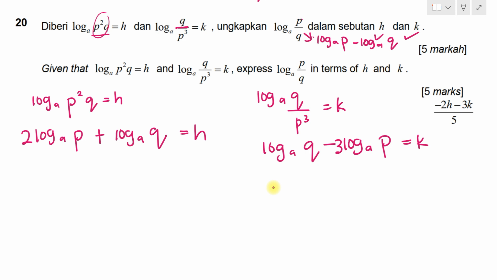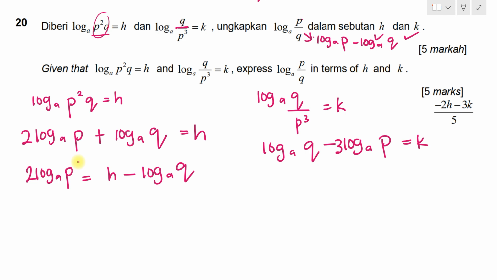Okay. So you need to use the H and K. Okay, here the log a P is positive, here negative. So I make here log a P squared. No, the 2, let it be here. Okay, wait. 2 log a P equal to H minus log a Q. Correct or not? I bring the log a Q to the opposite side.